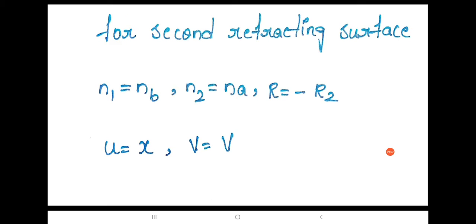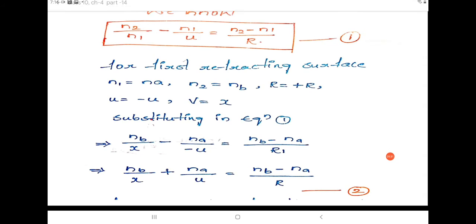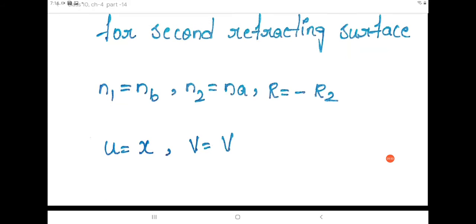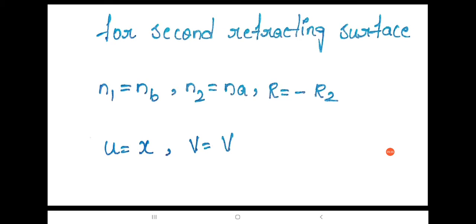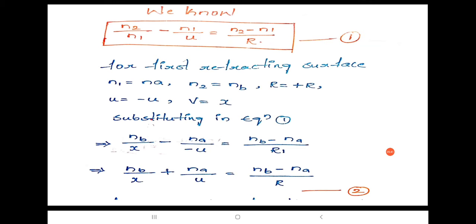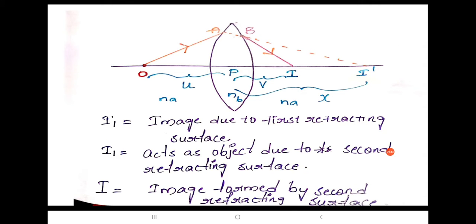Now, for the second refracting surface, we will use the same formula. We substitute all the values in the same formula for the second refracting surface also. Here, for the second refracting surface, the light ray is refracted from NB to NA.